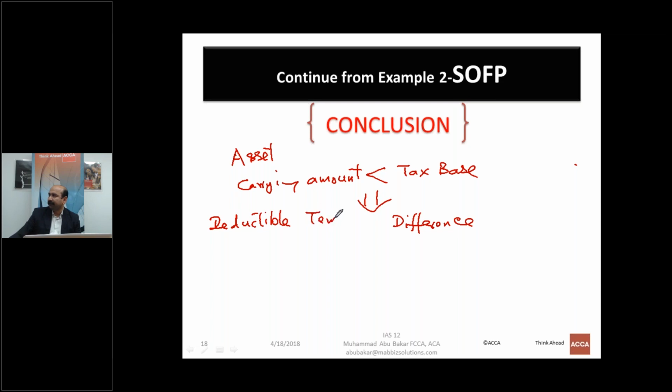And when you multiply this difference with the tax rate, you will reach the deferred tax asset.